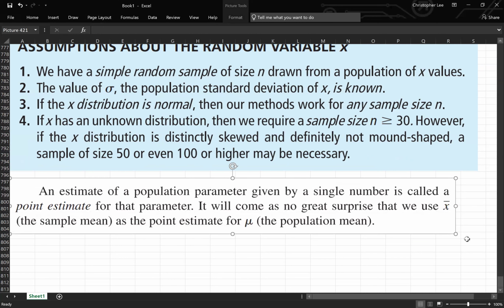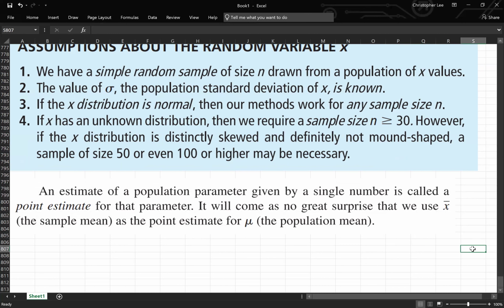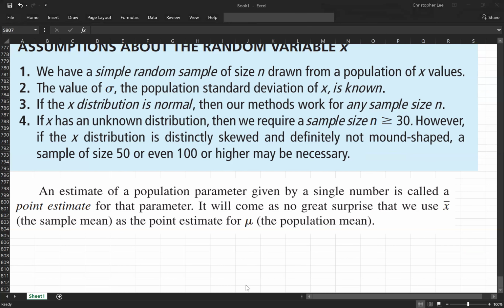All right. An estimate of a population parameter given by a single number is called a point estimate for that parameter. It will come as no great surprise that we use X bar, the sample mean, as a point estimate for mu, the population mean. So basically, I know what X bar is, and I assume that that's what the population mean is.